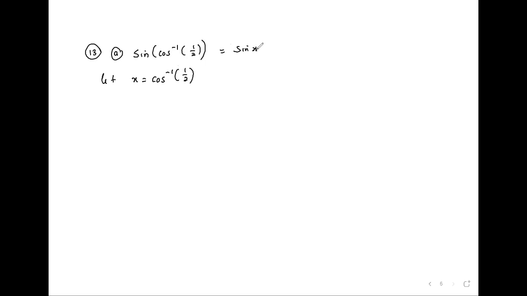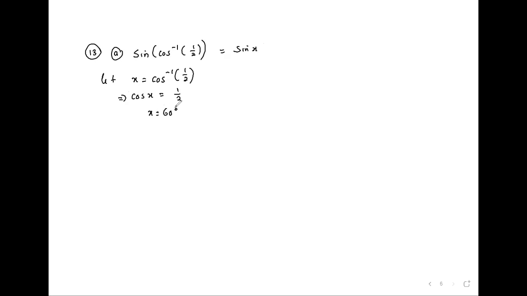Now, this means that cos x is equal to half. If cos x is half, then what is that x? That x is 60 for cos.